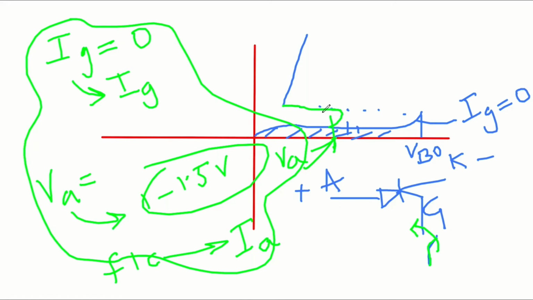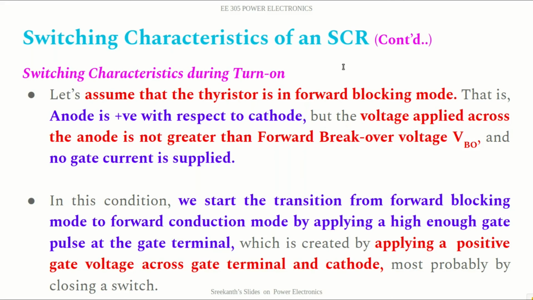So the time taken from when we apply a trigger to the final completely turned on condition is known as the turn on time of the SCR. So that is what is being said here.